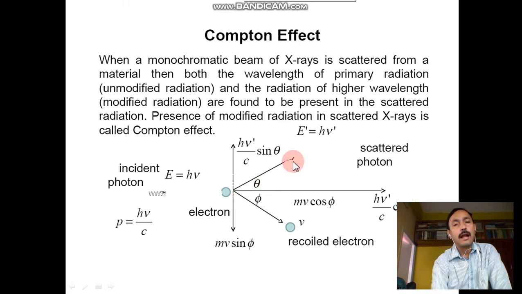So say now the reduced energy becomes E dash is equal to h nu dash. That means energy is reduced, so nu becomes less. As nu is less, then wavelength is increased, as frequency and wavelengths are inversely proportional.